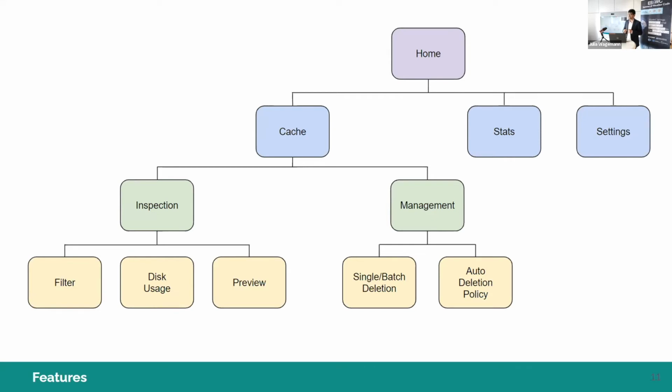The settings page has a single table where you can edit and configure, for example, if you want to change the cache directory, where files are stored on your PC. The stats page shows you how many cache files are there on your PC and what the total file size is, etc. And finally, the cache page.